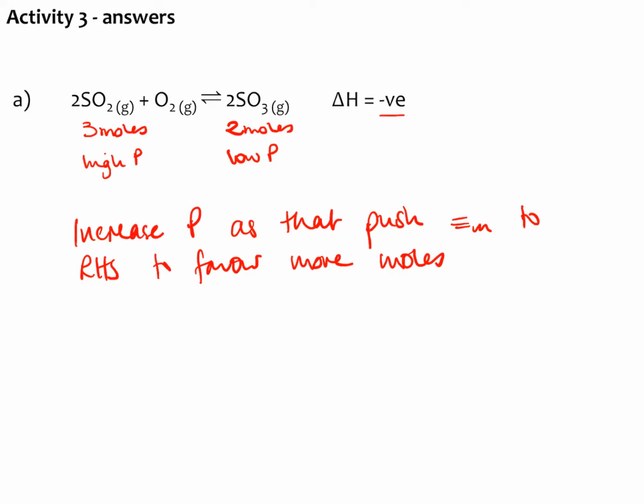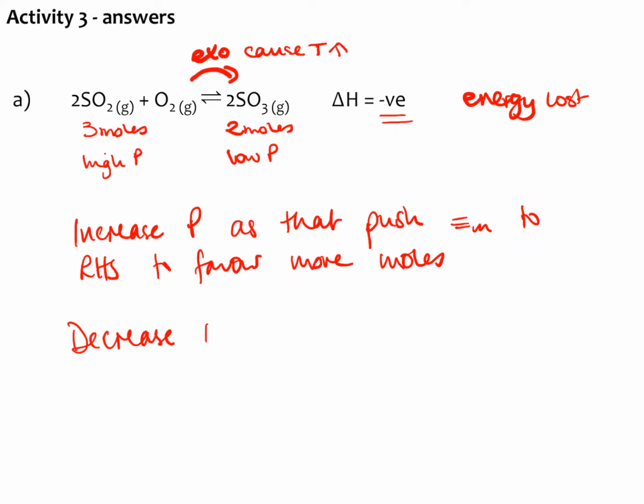And then if we look at the enthalpy information, we have a negative enthalpy change. Negative means that energy is lost from the reaction. So we've got exothermic in the forwards direction. Exothermic causes temperature to increase. So if we want to push it towards the products, we want to use a decrease in temperature.